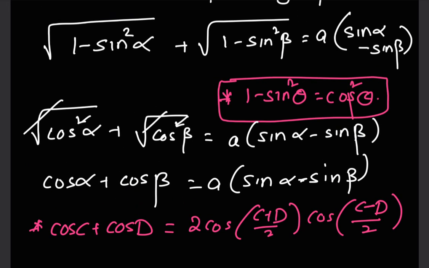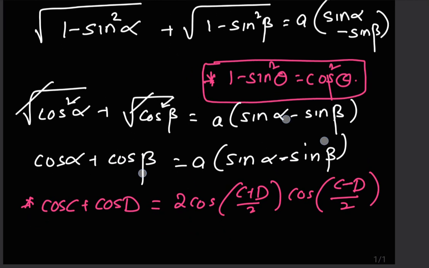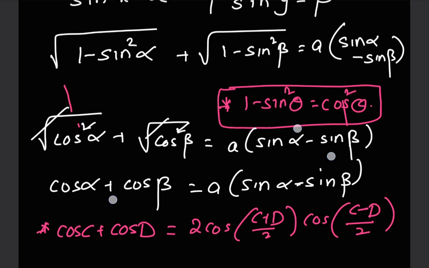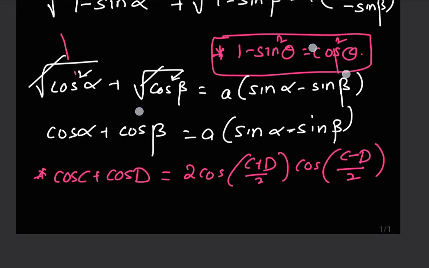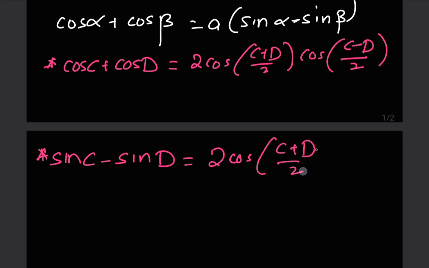Similarly, we are going to use the other formula, sin C minus sin D. What is sin C minus sin D? It is 2 cos C plus D by 2 into sin C minus D by 2. We need to remember these formulas for solving this problem.